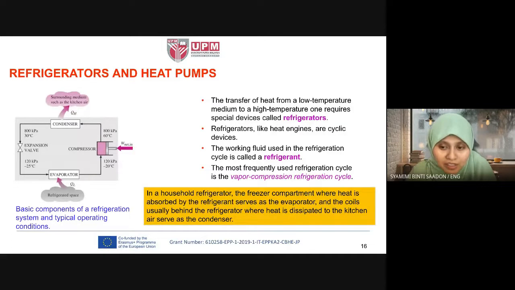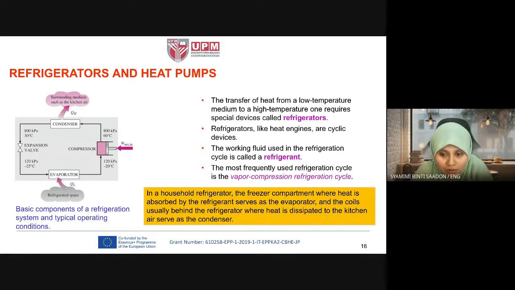So refrigerators, like heat engines, are cyclic devices. They still work in a cycle. The working fluid used in the refrigeration cycle is called a refrigerant. For the heat engine, the working fluid was air or water just now, but for refrigeration, we use the term refrigerant.